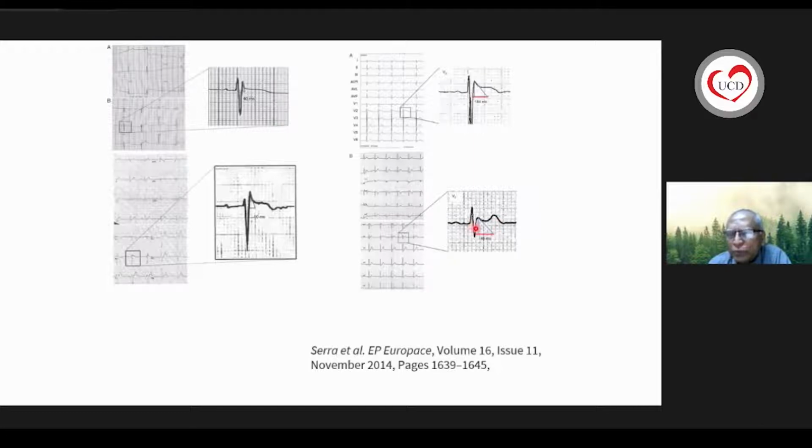If you take the R prime, the second component, it is very broad and slurred, and therefore the base will be very wide in comparison to a typical incomplete right bundle branch block where there is a spiky R prime. This should make you suspect that it is probably Brugada, and you need to move the ECG V1 one space up to confirm the diagnosis, if necessary with a pharmacological challenge.